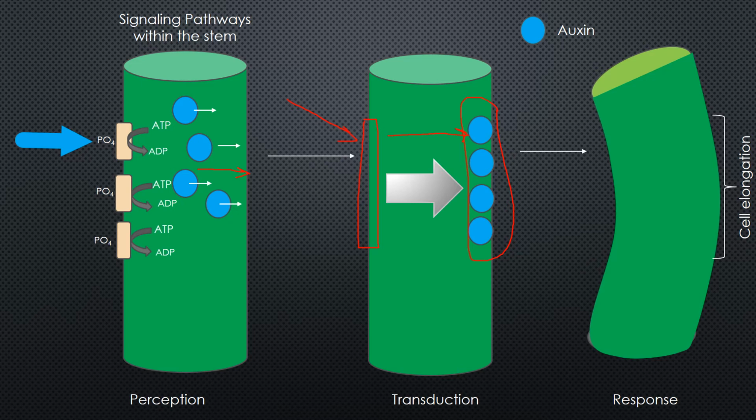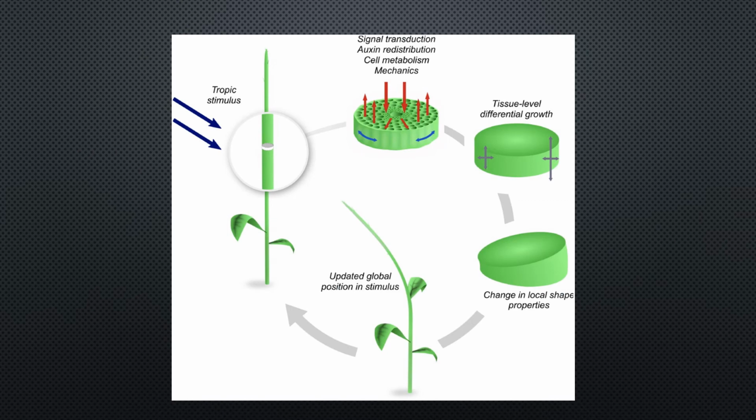In stems, or in shoots as we also call it, anything above the ground is part of the shoot, auxin induces cell elongation. So if we look at differential growth, which is what we're calling the cell elongation, we notice we have the distribution of auxin being different on one side than the other.